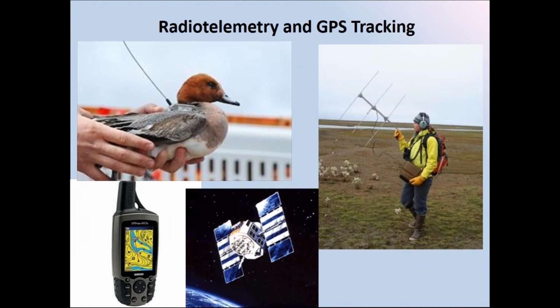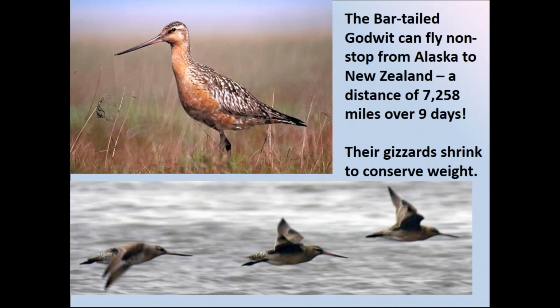Birds that are big enough can have these whip antennas installed, and then you can track them using radio telemetry. They do this with condors and with waterfowl and other large birds. And they can also surgically implant small devices now that allow birds like bar-tailed godwits to be tracked all the way from Alaska to New Zealand.